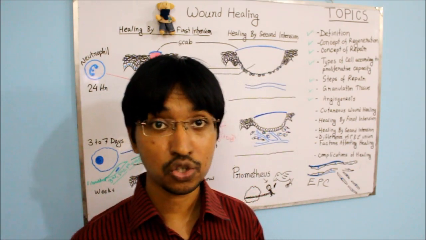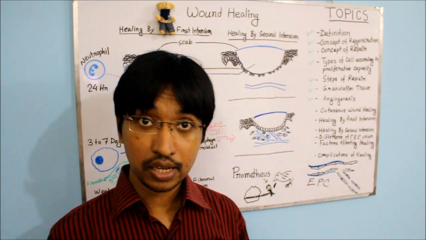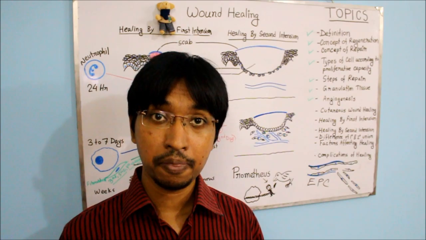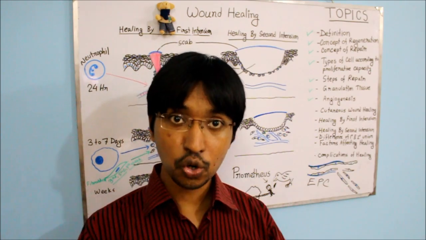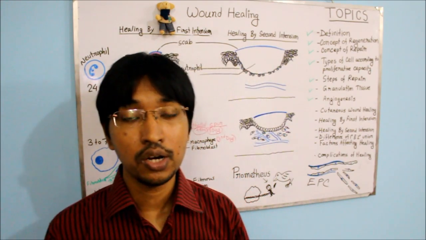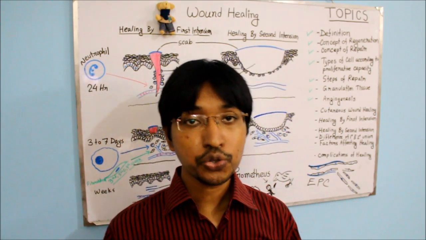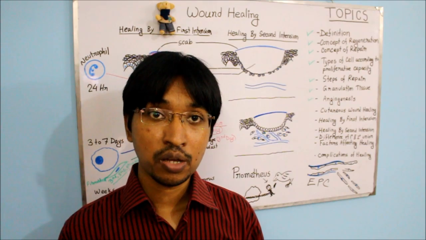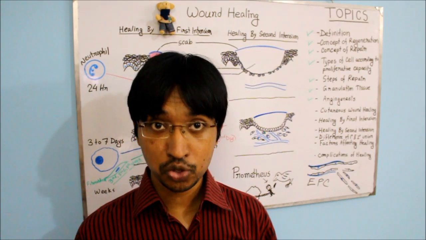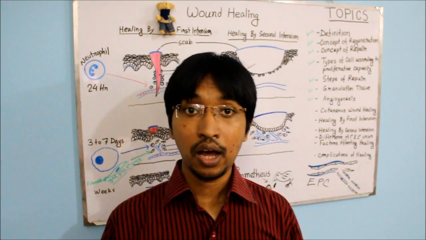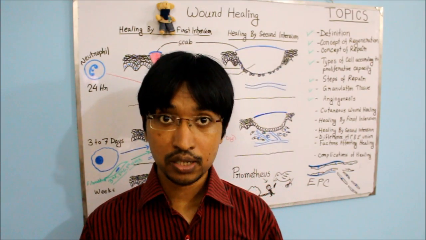It also depends on TNF, FGF, TGF-beta, etc. So all these growth factors are required for migration of the fibroblast, and there are some other growth factors which are responsible for proliferation of the fibroblast, and I will talk about those at the end of today's video.